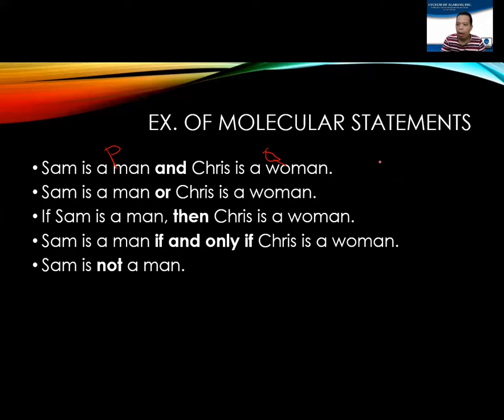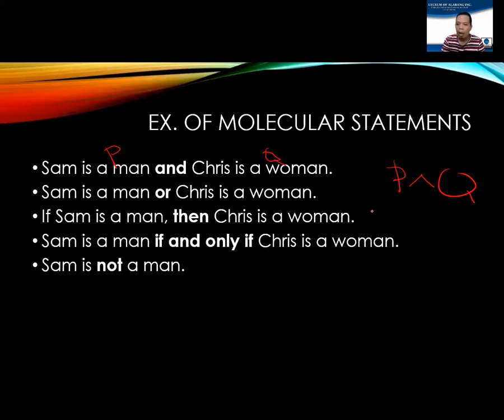So from this molecular statement, we can express P and Q. That is, Sam is a man and Chris is a woman. So this is the well-formed formula for this particular molecular statement.